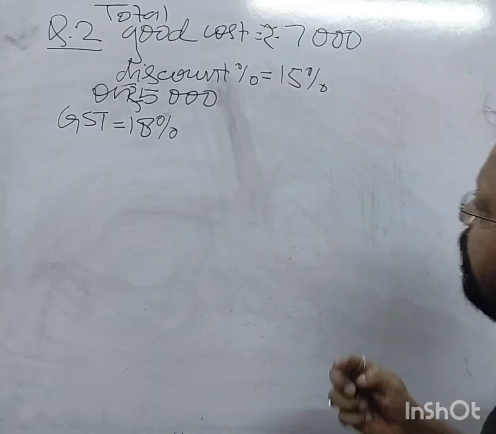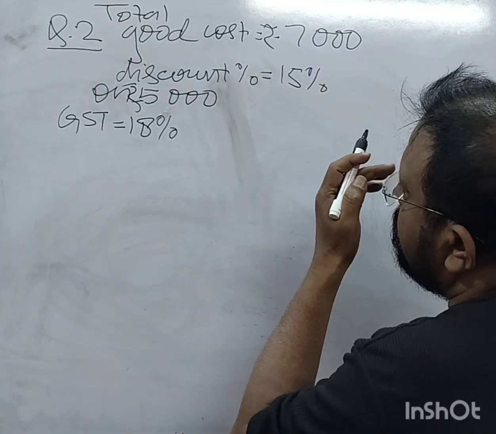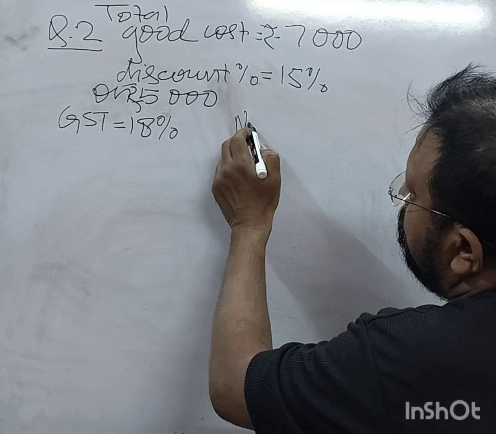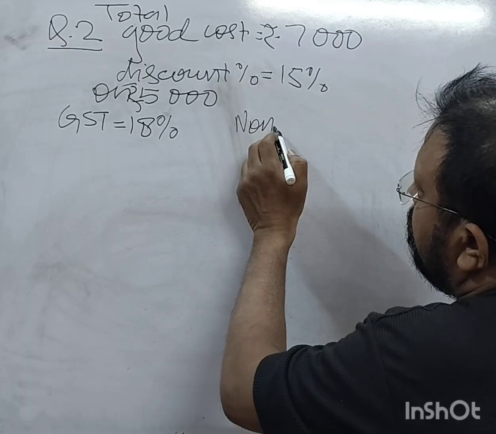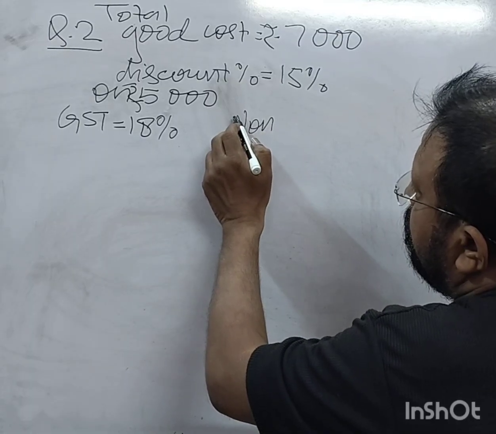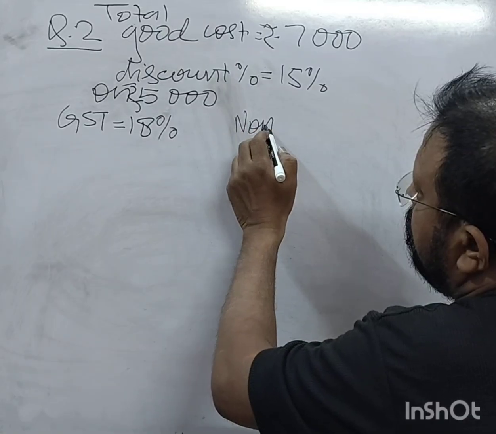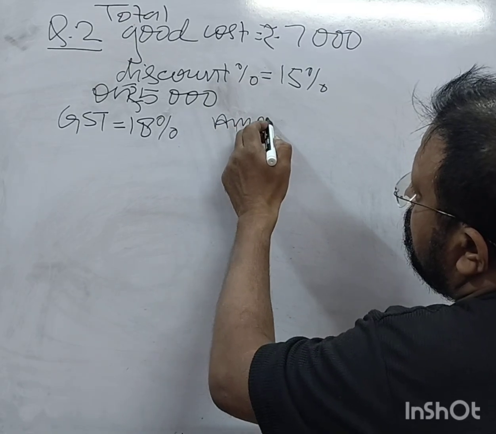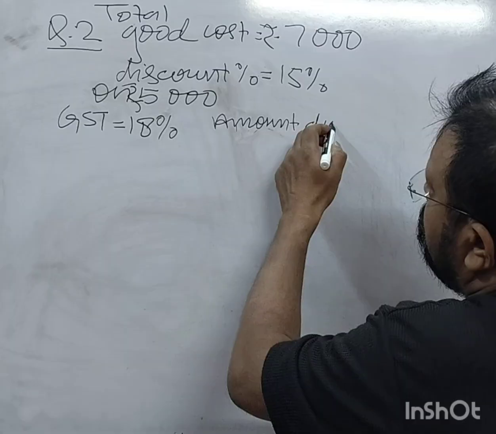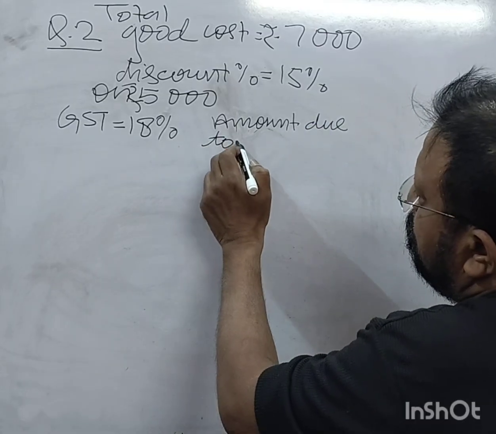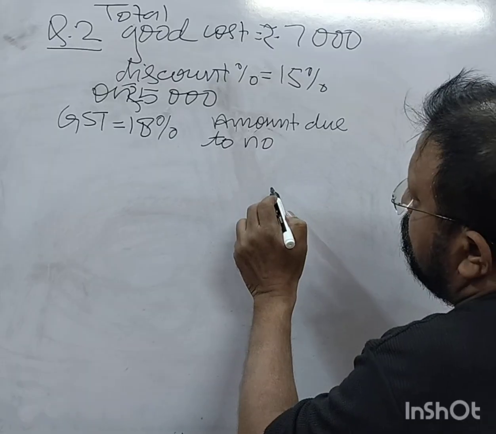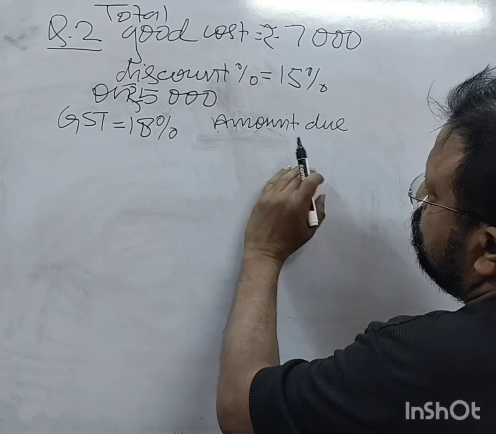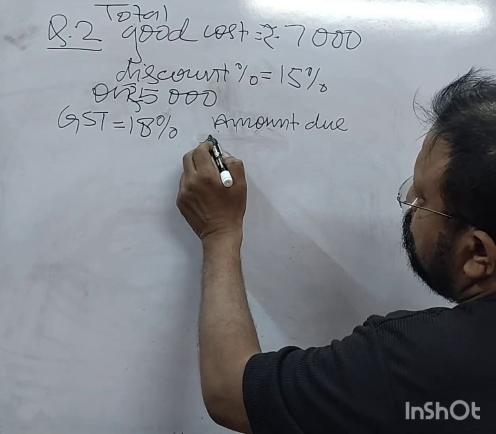Fine. So what happened? Here is non-taxable amount, amount due to pay.